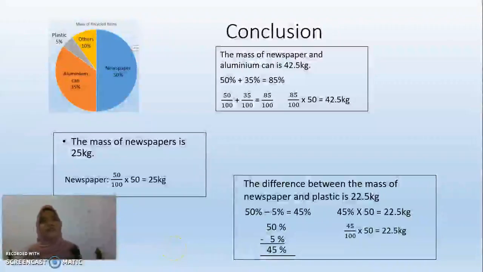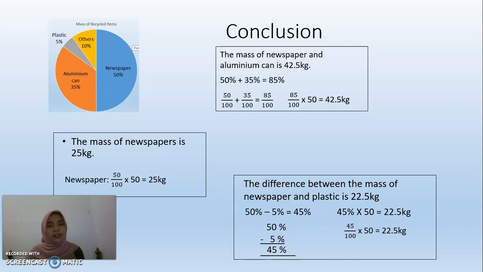Okay, as per the conclusion for the pie chart, we can see here the mass of newspapers is 25 kilogram. How do we count it? Okay, so they have already given us the total amount of all items, right? The total amount of all items is 50 kilogram. So we take the percentage, 50 over 100 times the total amount, 50 kilogram.